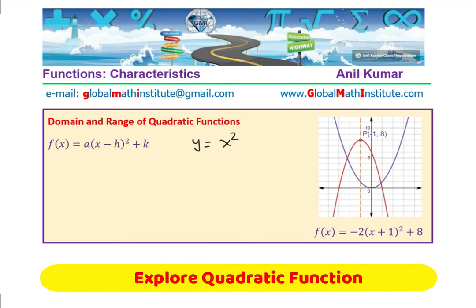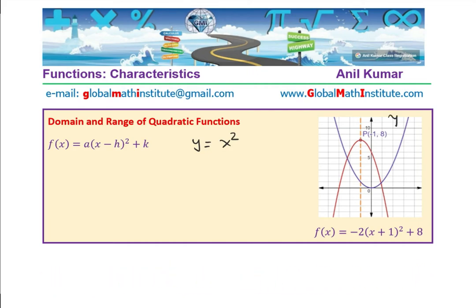You know the transformations, and you know the domain and range for y equals x squared, and that helps you to relate with the transformed function. Now, in this graph, I have sketched the graph of y equals x squared, and another graph with some values which we'll discuss after understanding the transformations.